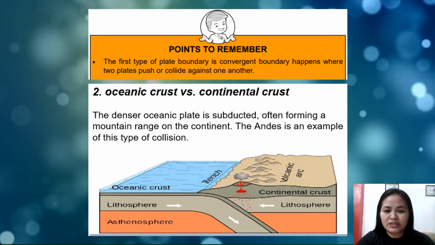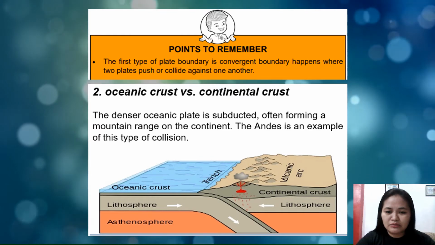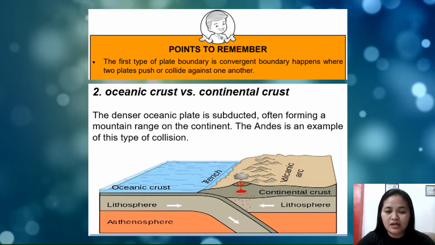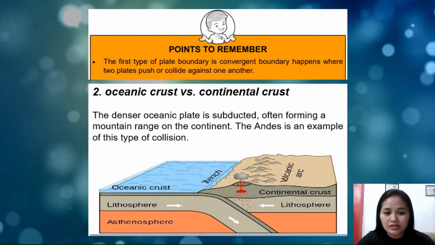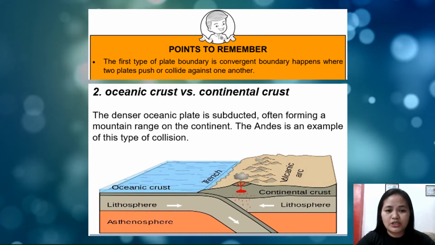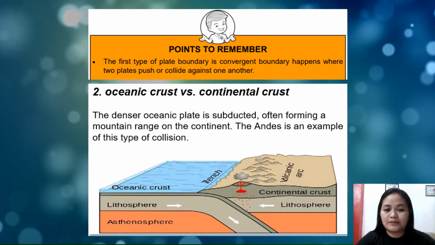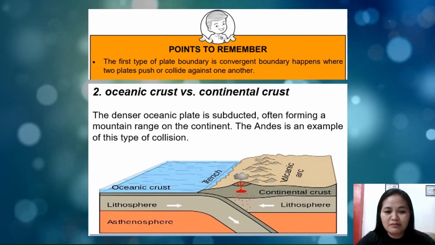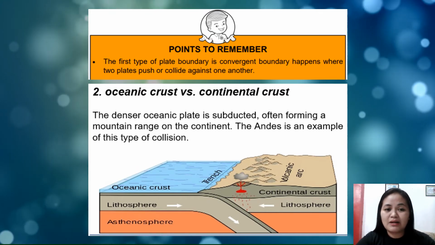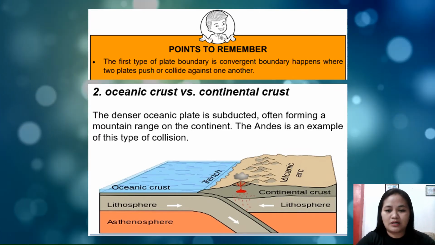What is mountain range? Group of mountains. It is also written here, volcanic arc. Why volcanic arc? Because there is subduction. As I've said a while back, whenever oceanic crust is involved in a collision, there is subduction. Laging may paglubog na nangyayari basta kasali sa banggaan si oceanic crust kasi nga mabigat siya.